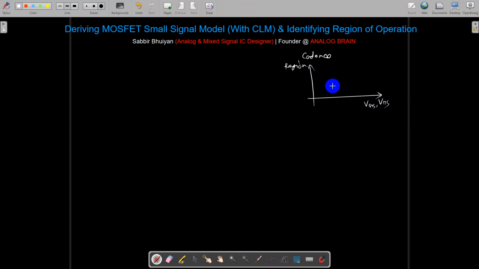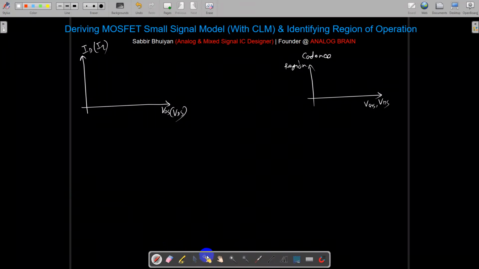Okay, so let's begin. We already know that our second port current is nothing but ID, so it is actually I2, and our second port voltage is VDS. We'll also see in our next lecture how the graph looks.